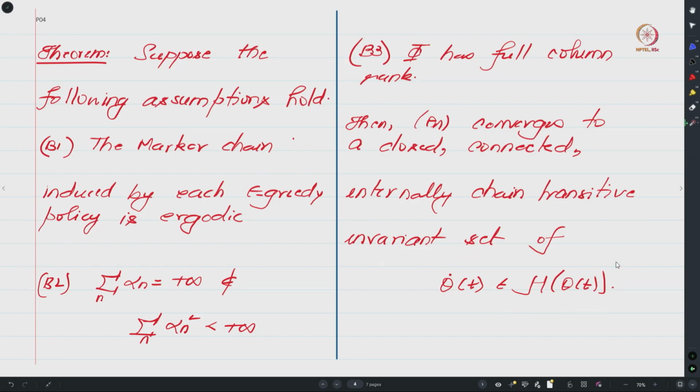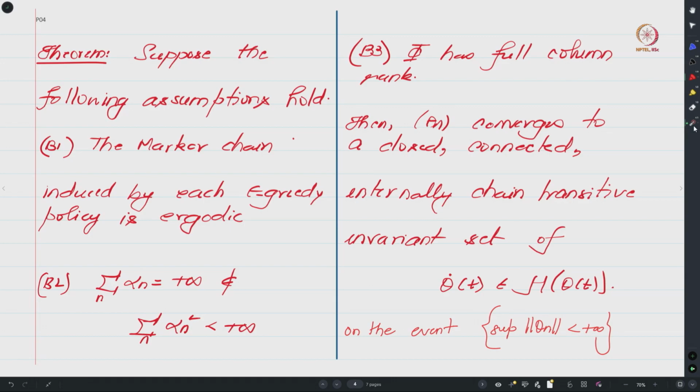What is nice about this result is that we have a stochastic algorithm, Q learning with linear function approximation and epsilon greedy exploration, and we have managed to show that its limiting behavior mimics the limiting behavior of the solution trajectories of this differential inclusion. I think I missed one point here. I should say that theta n converges to this on the event that the supremum of norm theta n is less than infinity.